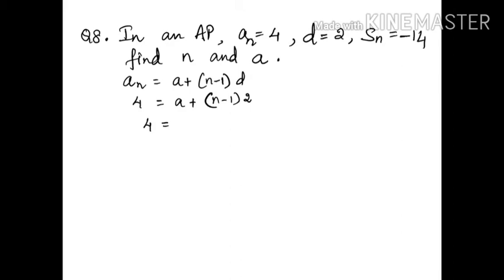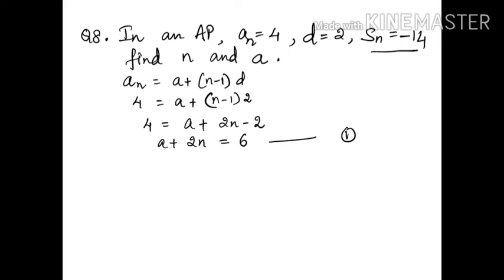On solving this equation, we get 4 equal to a plus 2n minus 2. So this is a plus 2n equal to 6. Let's mark this equation as 1.